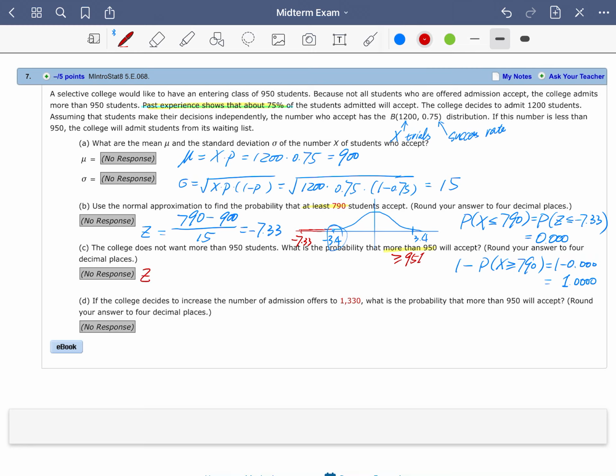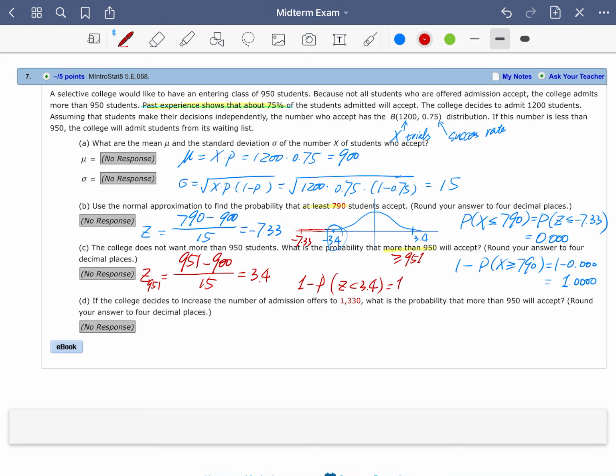So the z-score for 951 will be 951 subtract the mean, then divided by the standard deviation. The answer is 3.4. And if we want more than that to happen, we need to use 1 subtract, because the z-table will always give you the number that is smaller than that.